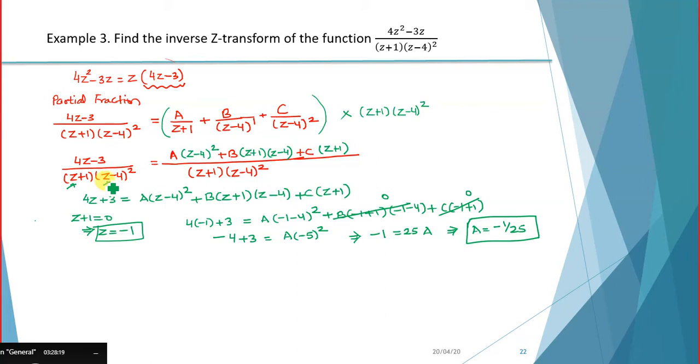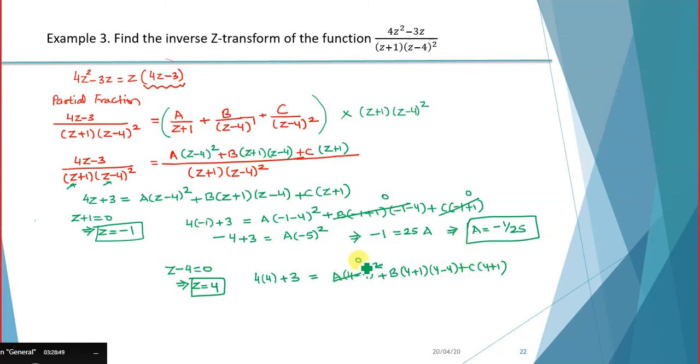Second value from here. Z minus 4 equal to 0 gives you z equal to 4. Substitute it in this equation. 4 times 4 plus 3 equals A times (4 minus 4) to the power 2, B times (4 plus 1)(4 minus 4), C times (4 plus 1).